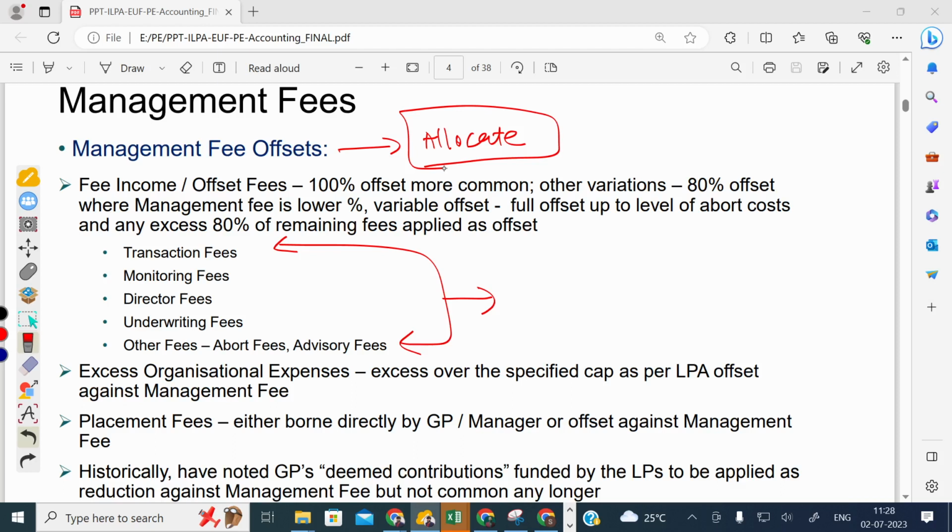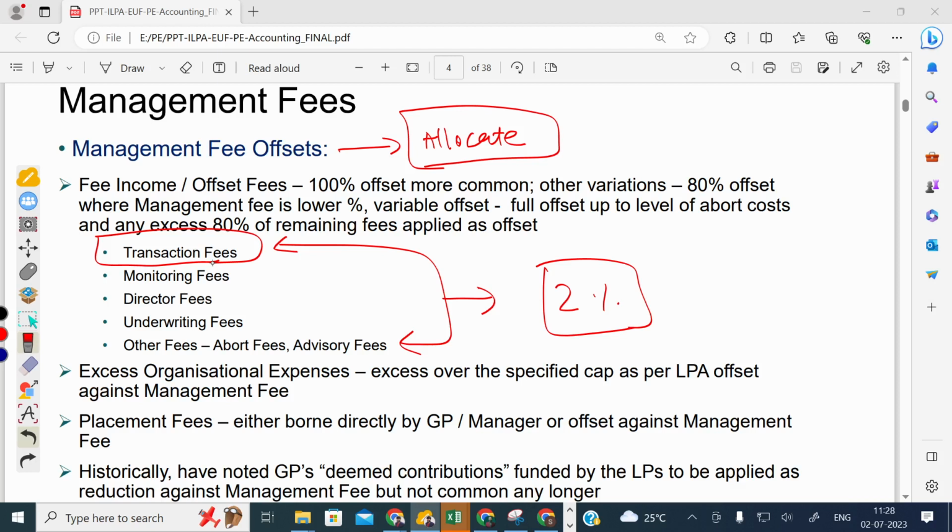So let's say a private equity firm charges 2% management fees. Then other expenses, transaction fees, monitoring expenses, director fees, all expenses will be paid from the management fees only.